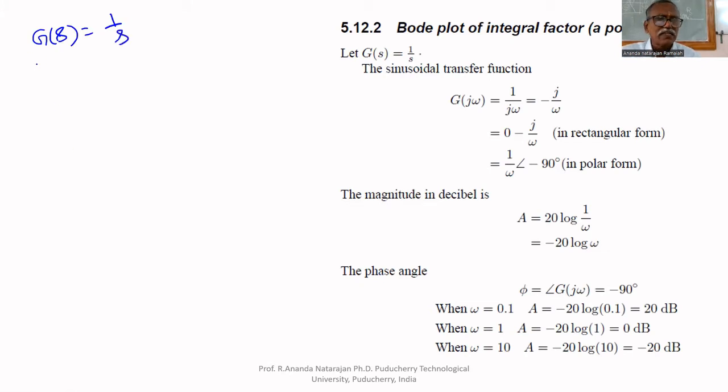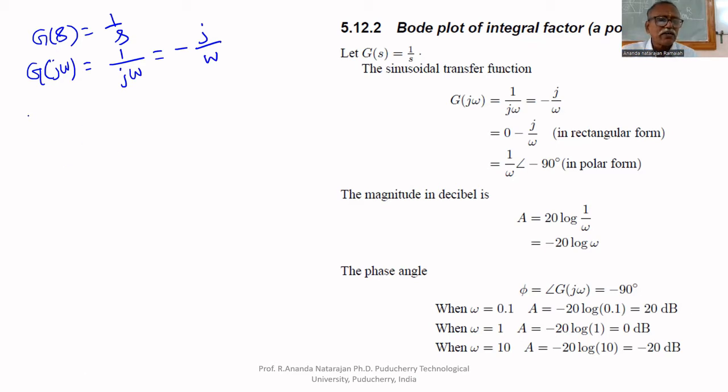For that, the sinusoidal transfer function g of j omega equal to 1 by j omega. It can also be written as minus j by omega; multiply the numerator and denominator by j, you will get minus j by omega.